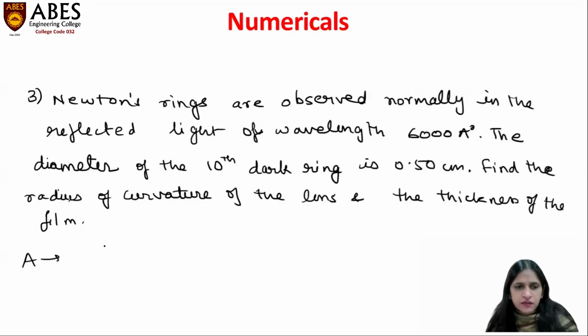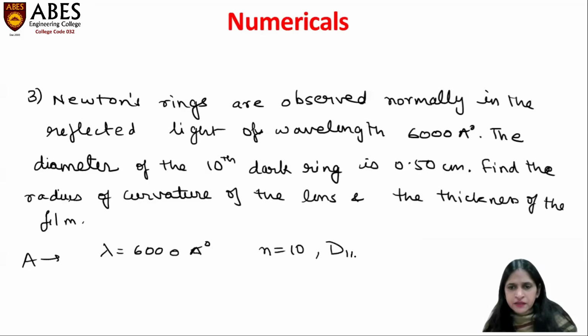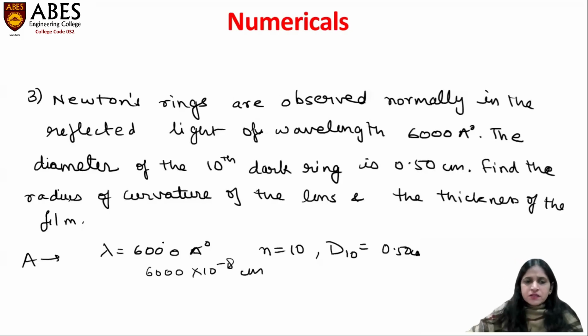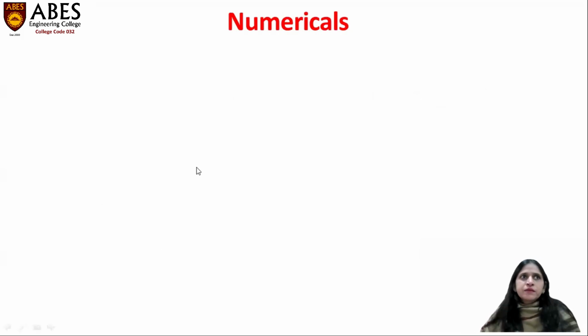So let lambda be equal to 6000 angstrom, n is equal to 10, and D, the diameter of the 10th dark ring, is given as 0.50 centimeter. We will convert this lambda also in centimeter, that is 6000 into 10 to the power minus 8 centimeter.